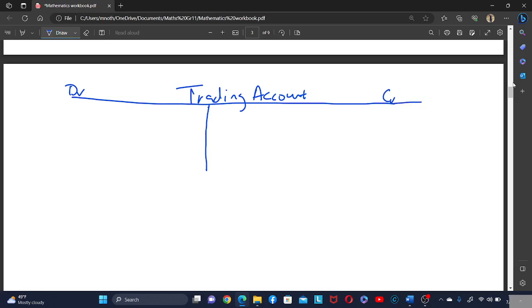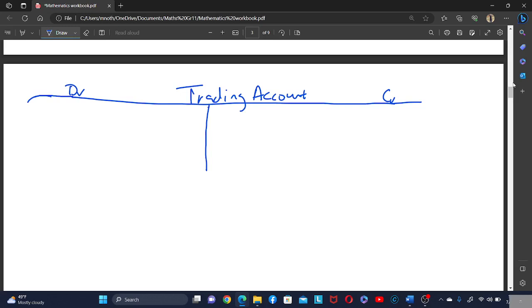When you are preparing a trading account, remember, this is done at the end of the year, meaning that for the date, you must write the end of the year date. It is going to depend on when your financial year ends. So we are going to write it here.